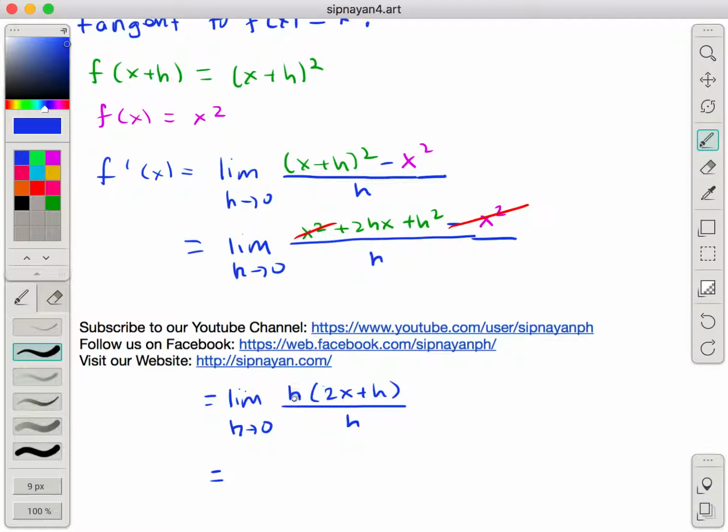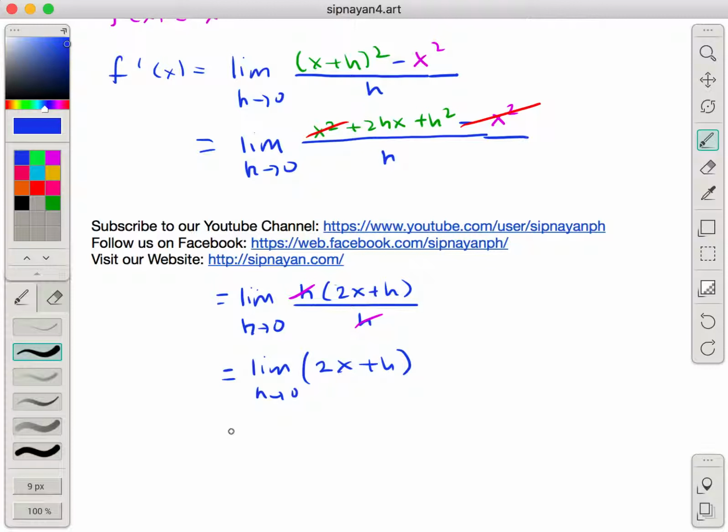Okay? We have an h at the numerator and at the denominator, so we can cancel out. Meaning, ang natira na lang sa atin ay the limit as h approaches 0 of 2x plus h, which is equal to, review ng limit laws, the limit as h approaches 0 is equal to 2x plus 0.